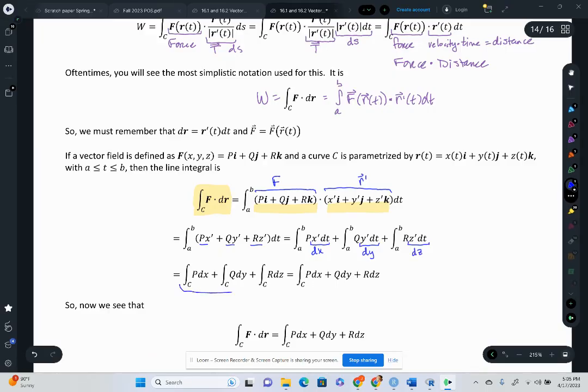So then we can rewrite our integral, which is now a sum of three integrals, as the integral over C of P dx plus the integral over C of Q dy plus the integral over C of R dz. And then we can rewrite that and look at this form. This is what we were just doing in the previous video. So the line integral over C of P dx plus Q dy plus R dz.